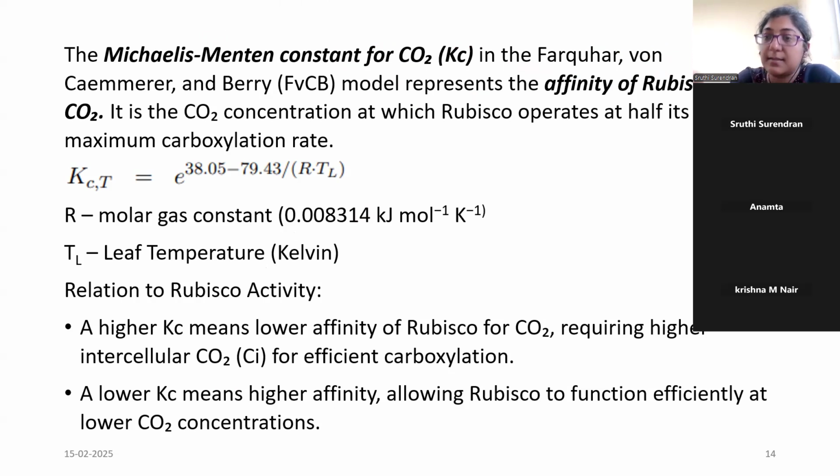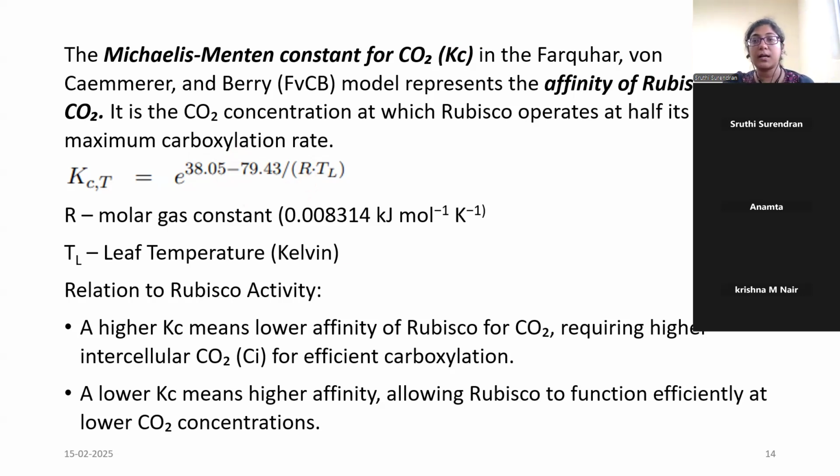So this constant is representing that in the equation. We know it theoretically, but how we incorporate that theory into this equation is done by this Michaelis constant, where it is representing the affinity of Rubisco for carbon dioxide. And this can be obtained again by this Arrhenius exponential equation, again as a function of temperature.